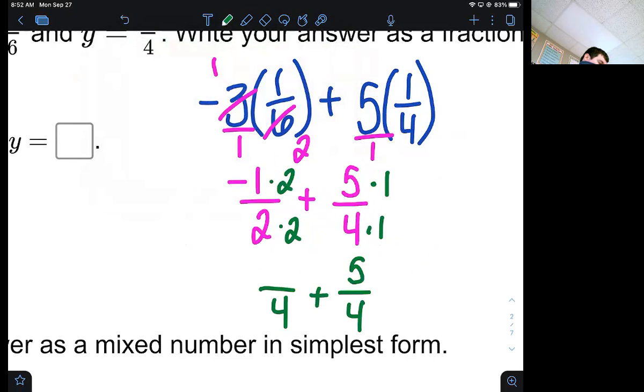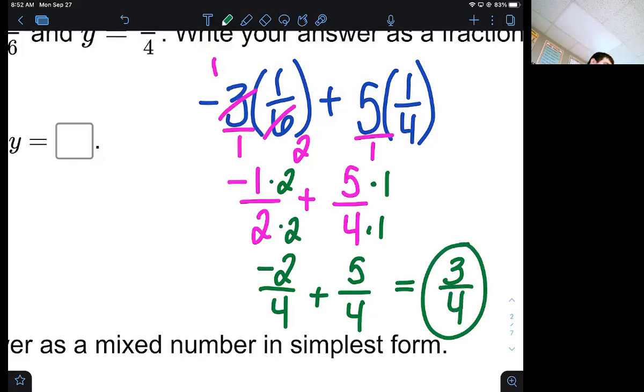Negative 1 times 2. And that's important. We don't want to lose that negative. Because if I write it as a positive, I join forces and get 7/4. If I write it as a negative, I go to war. Who wins the war? The positives by how many? By 3. Yep, so 3/4.